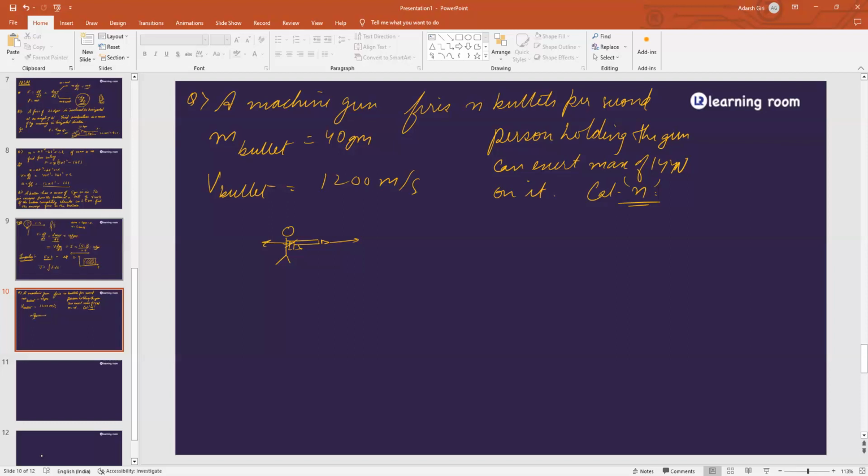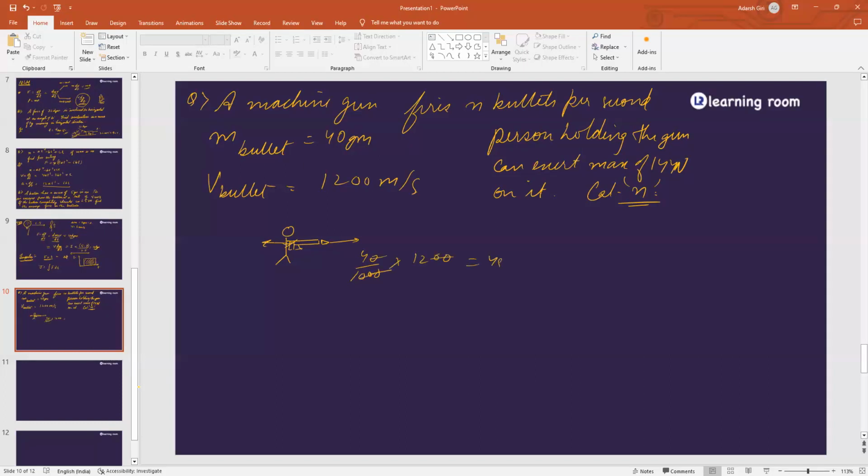Action reaction. Can be said like that, but basically they work on the principle of conservation of linear momentum. So whatever momentum was there initially, it has to balance the same momentum. So if we fire a bullet, how much momentum does it generate? Mass is 40 by 1000 into 1200, so this is around 48 kg meter per second.